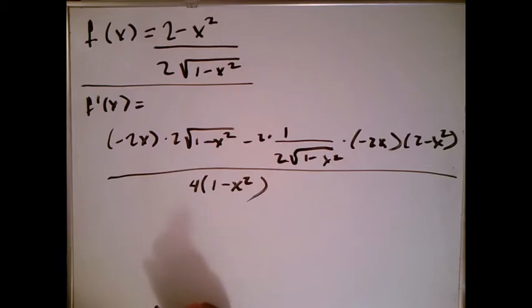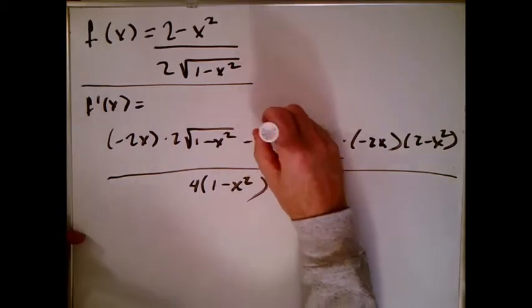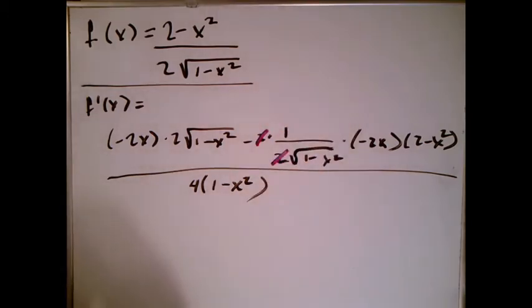Let's see here, what am I going to do? Well, I don't like that fraction thing. It's just a mess. I am going to cancel this 2 with this 2 first. At least that helps a little bit.